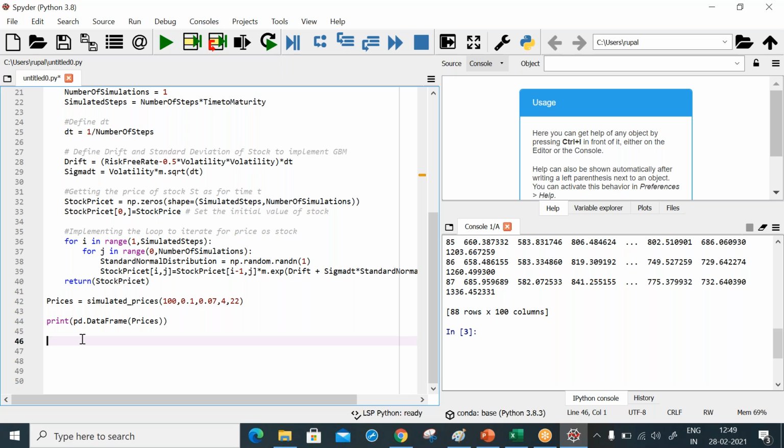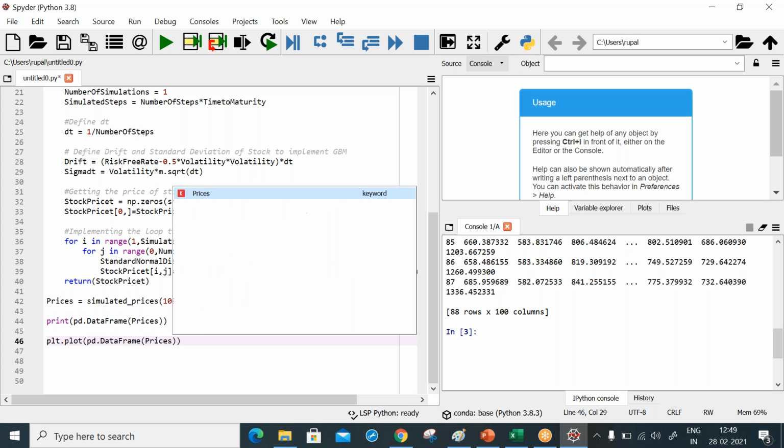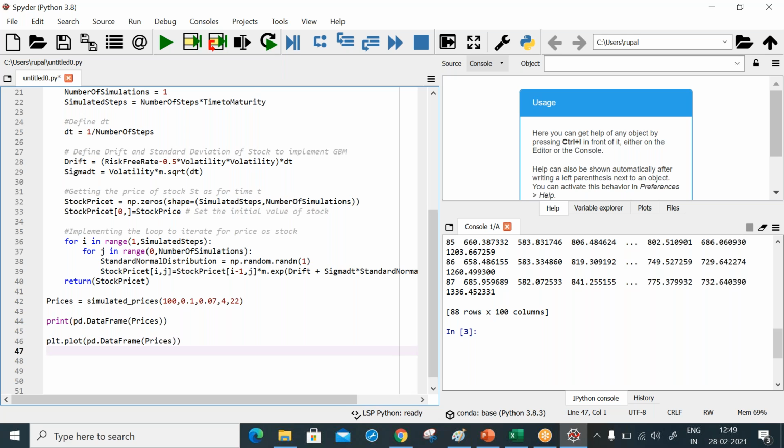Again, I will be using plt.plot, with pd dot, the data frame that we have. Within that data frame, the prices that we are holding. It will plot the prices. Of course, we are not just going to draw a random graph.